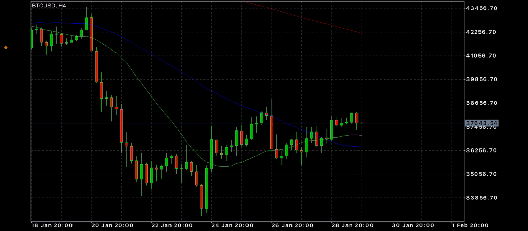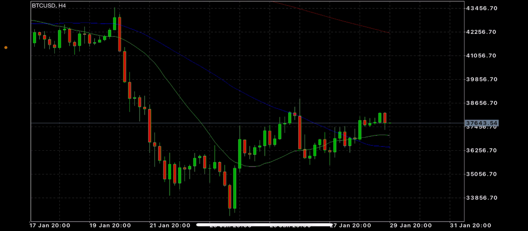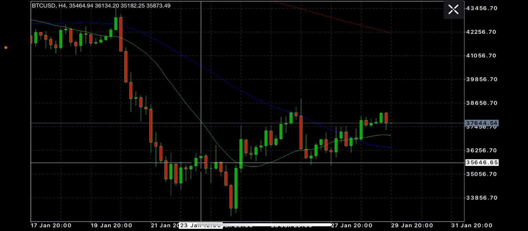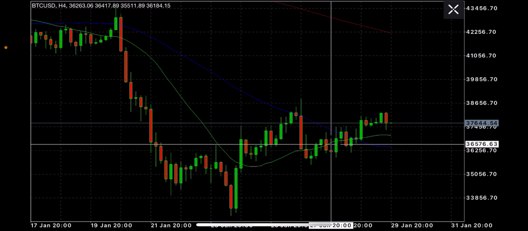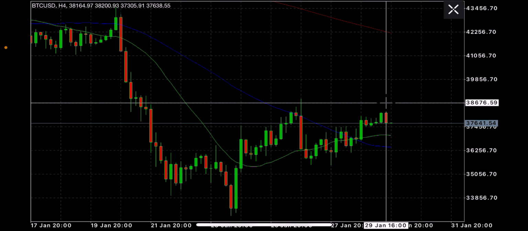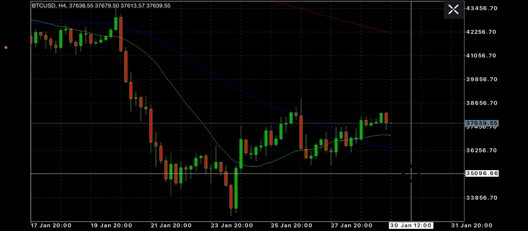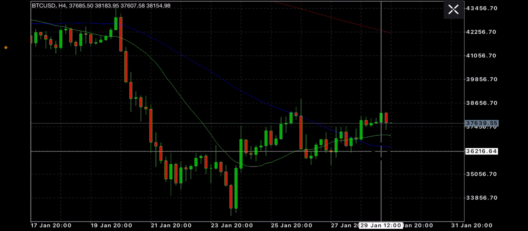So you use the 4 hour time frame to gauge momentum, and it does not look like it has a lot of momentum going either way. It doesn't look like it has a lot of momentum going towards the buy side or the sell side, so there's no momentum swinging anywhere.